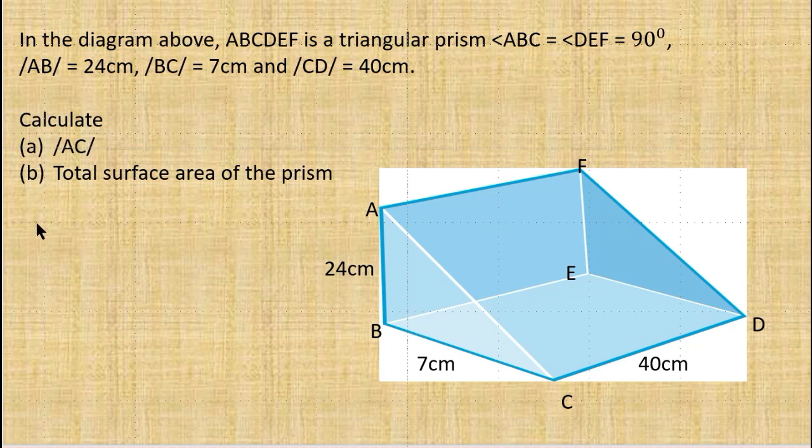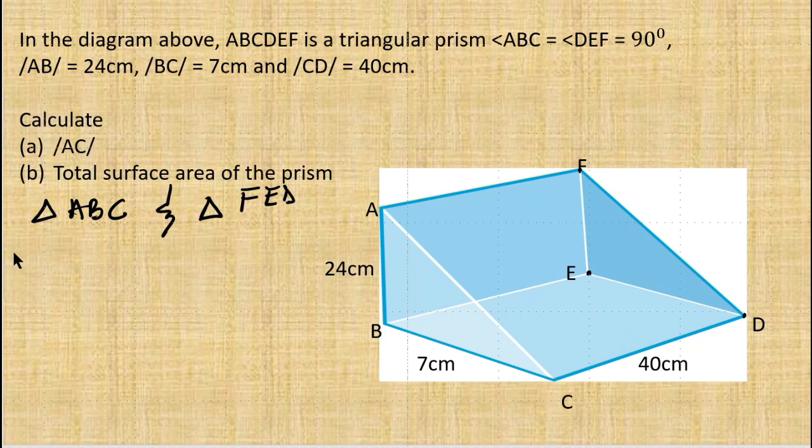We have two triangles: triangle ABC, and triangle FED. Look at triangle FED. This is F, this is E, and this is D. Now also, we have three rectangles that we must pay attention to.